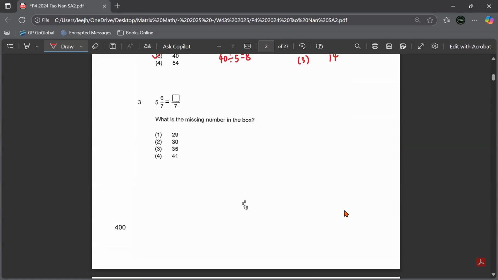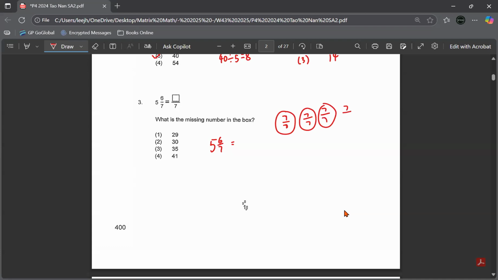Question number 3. 5 whole 6 over 7 equals to something over 7. So you just need to change this into an improper fraction. So 5 wholes of 7 over 7, okay. So 7 over 7, I have 5 of it.